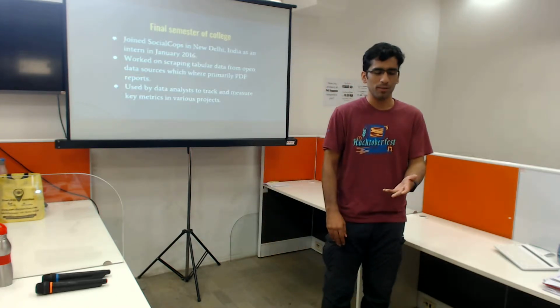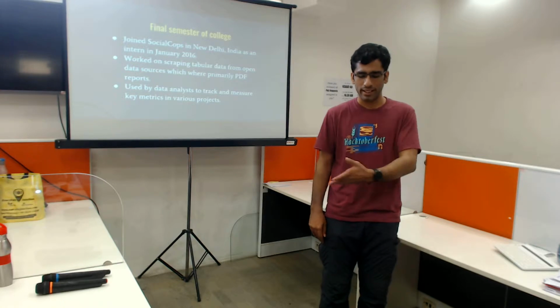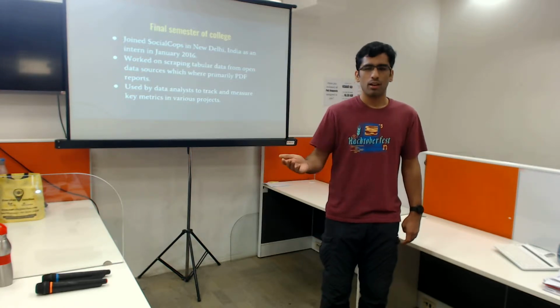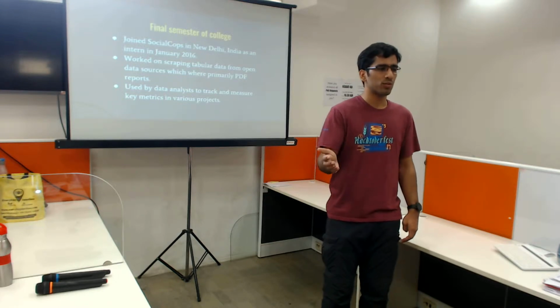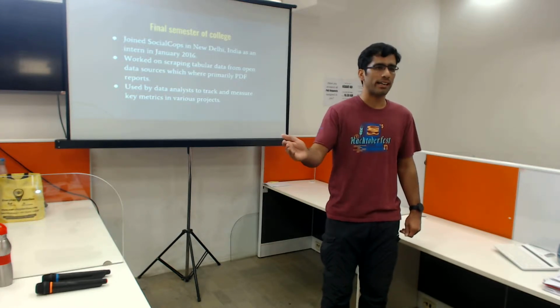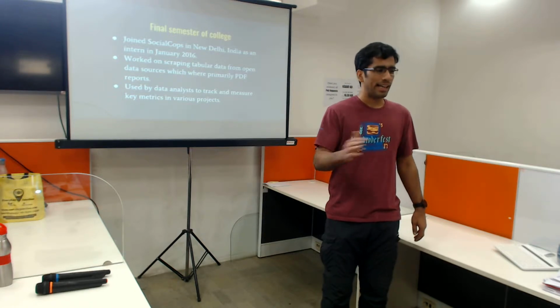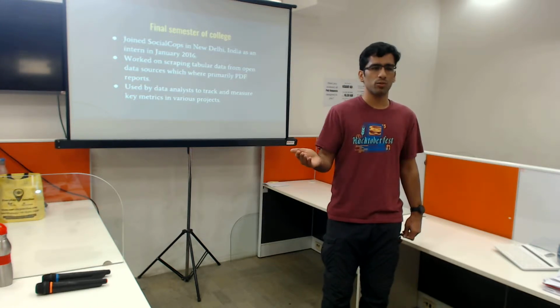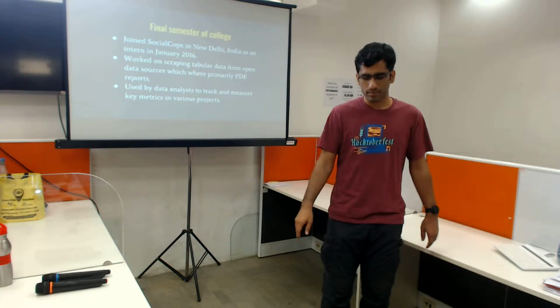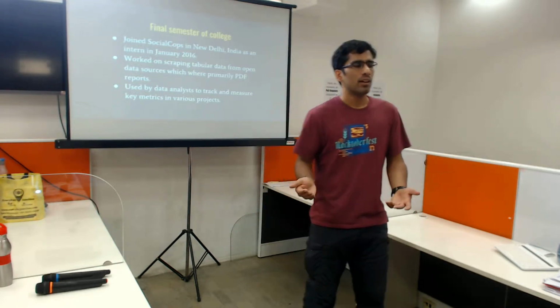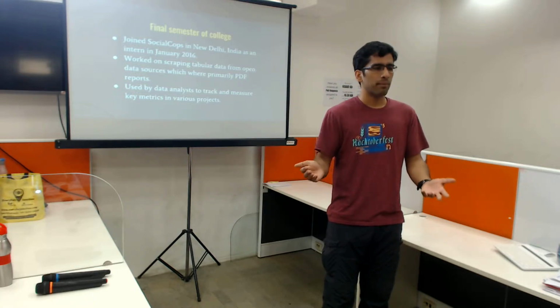I joined Social Cops in New Delhi, India back in 2016 as an intern. It was my final semester of college. One of my tasks was to scrape open data sources, which were primarily PDF reports, for tables which the analysts could finally use to do analysis. We worked on extracting tables from, for example, the Indian budget PDFs.